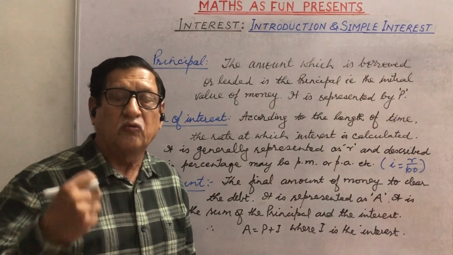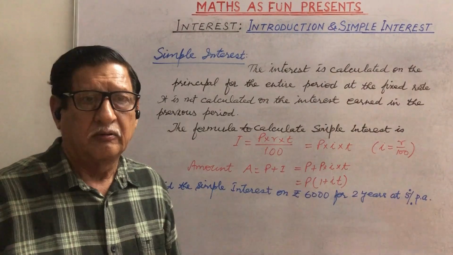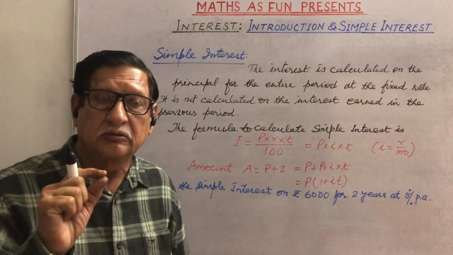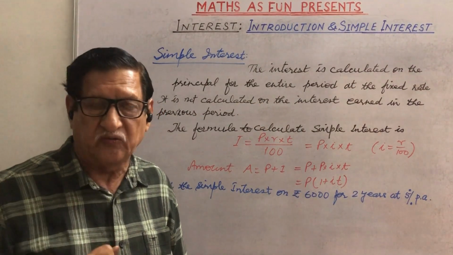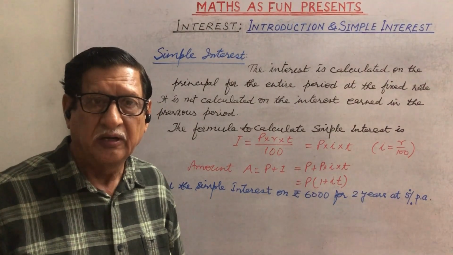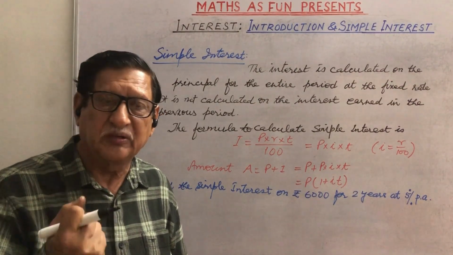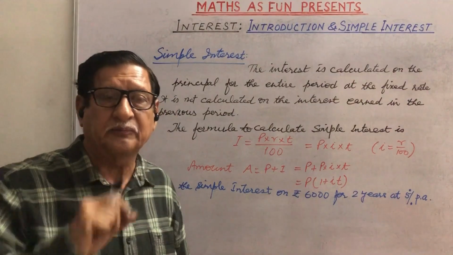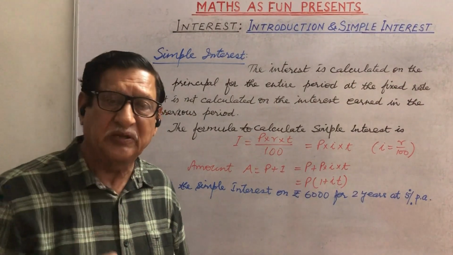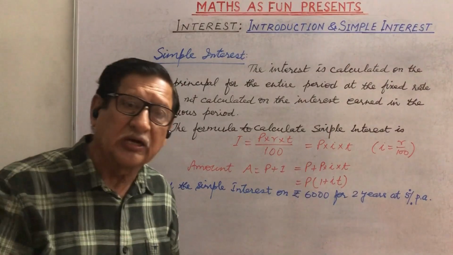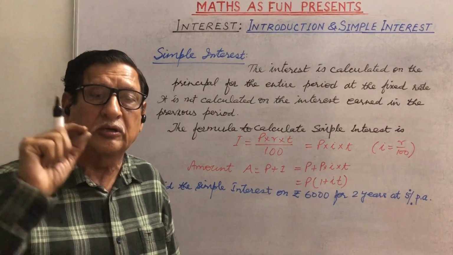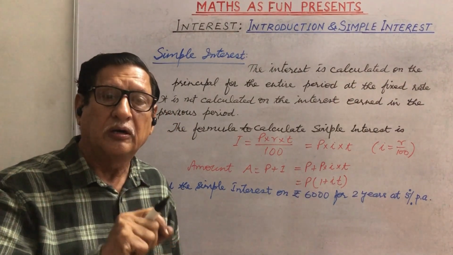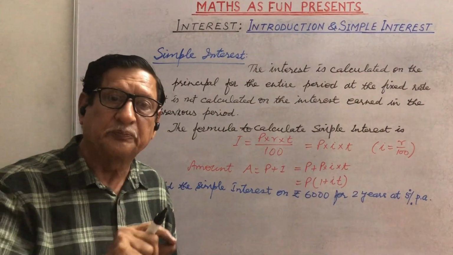Now we'll be learning what is simple interest and how to calculate it. Simple interest is calculated on the principal, the initial money which we have borrowed or lent, at a fixed rate, which is given as a percentage, R%, for the entire period for which the money has been borrowed or lent. So simple interest is calculated on the principal and not on the interest which has been earned or calculated for the previous periods.